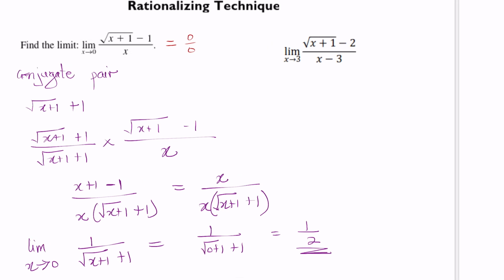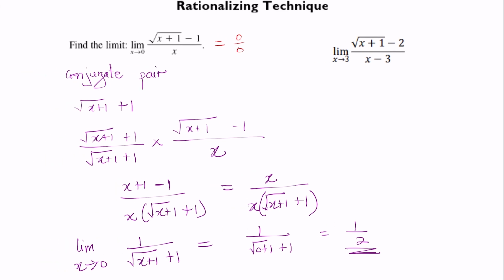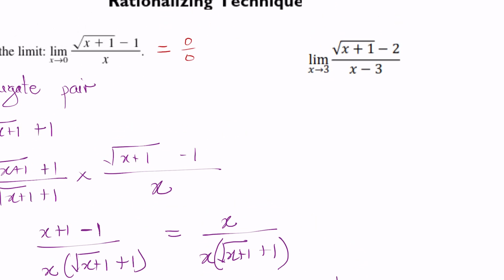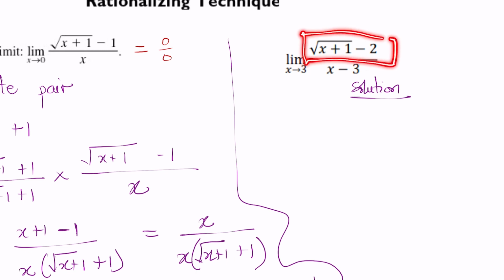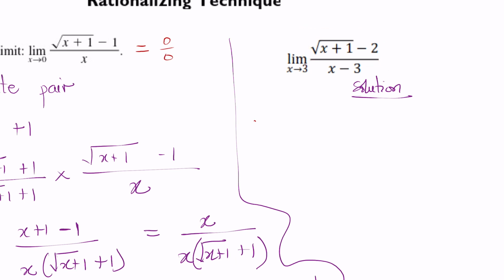And again, we're going to apply the rationalization. So solution. The conjugate pair to this part is going to be the opposite, which is the square root of x plus 1, plus 2.